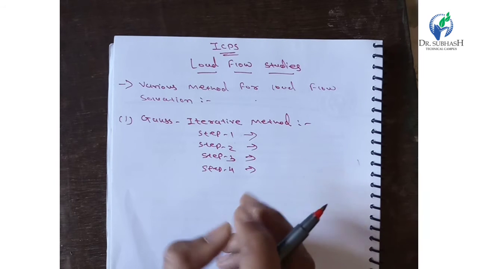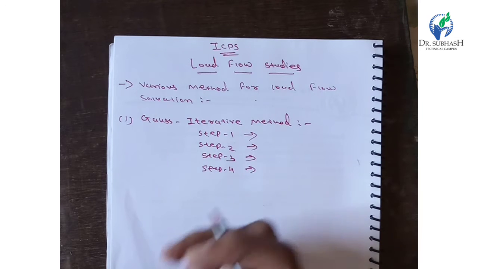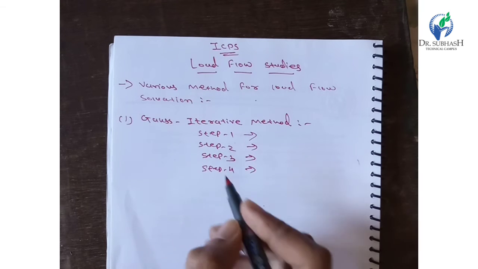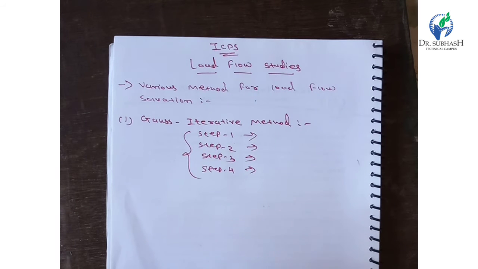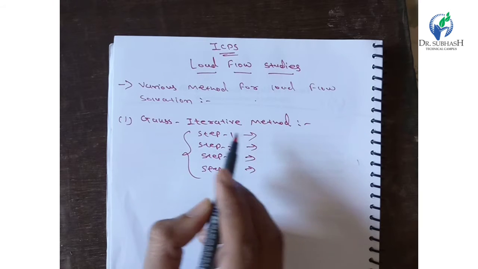So in the fourth step, it continues through the fourth, fifth estimate and so on, until the difference between successive estimates is approximately negligible. With these steps, the Gauss iterative method works.